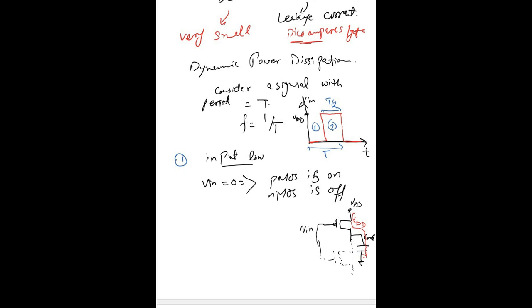This capacitor would be charged fully to VDD, and the charge stored in this capacitor can be represented by Q equal to Cout times VDD.